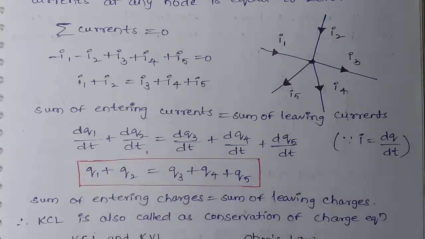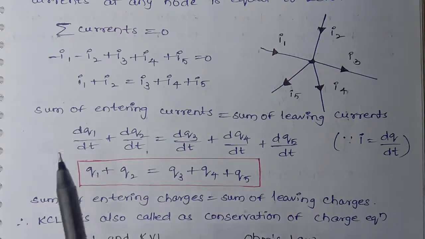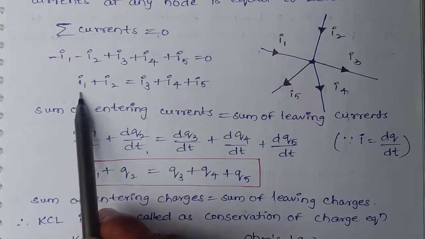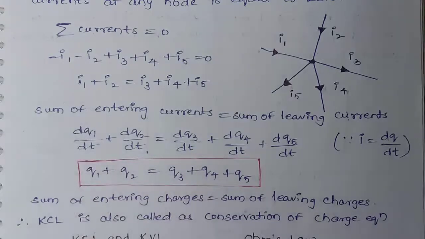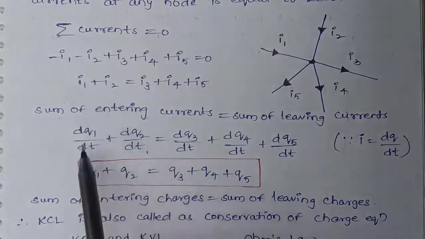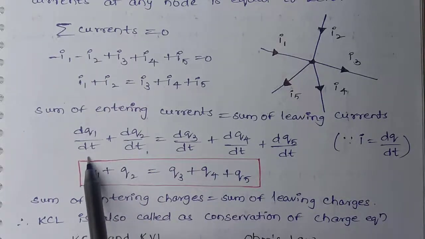So it is also called the charge conservation equation, or conservation of charge equation, right? Why it is called the charge conservation equation, we can also look at that reason. Here I1 is considered as dq1 by dt, because current means what? Differentiation of charge with respect to time, so I1 will become dq1 divided by dt.